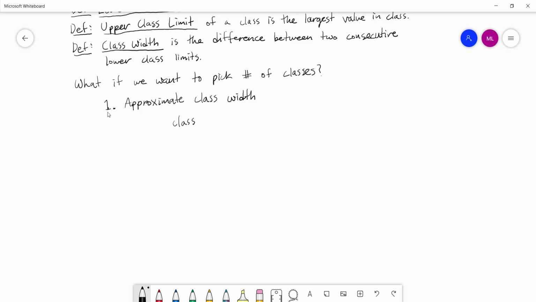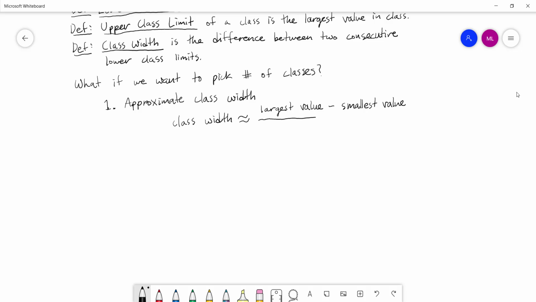The class width, I'm going to give a formula, is going to be approximately, the squiggly equal sign means approximately equal to, and all we have to do is take the largest value in our data set and subtract off the smallest value in our data set.